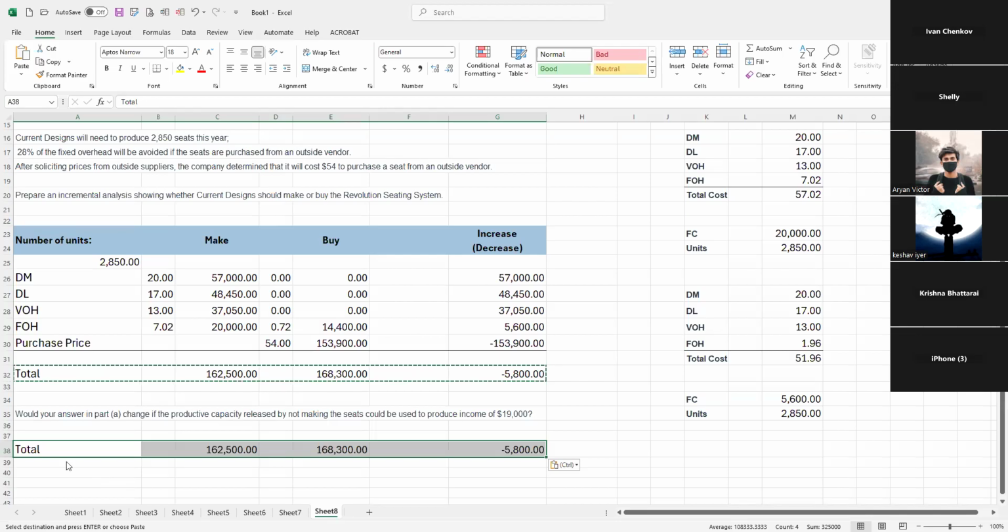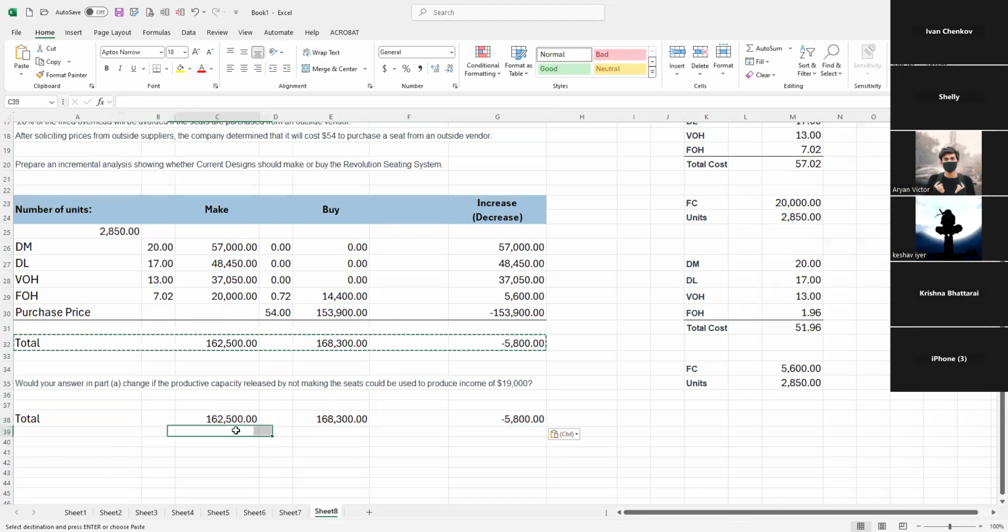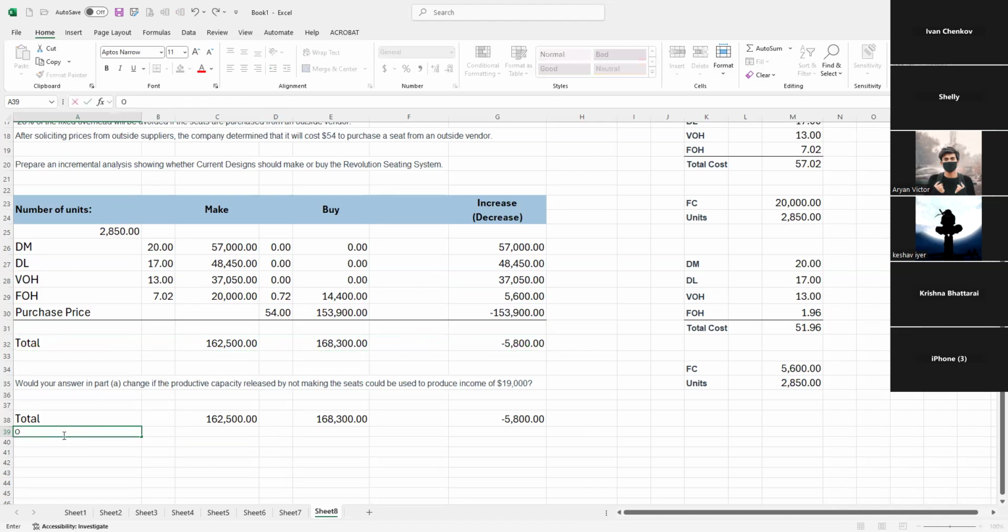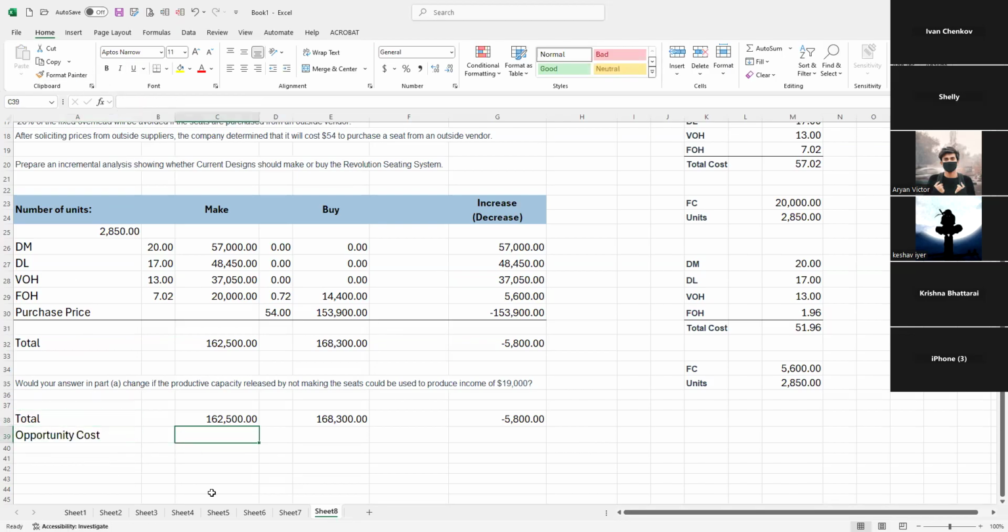Let's do the calculation. But if we make it, yes, we're going to lose the opportunity. That will be our opportunity cost. How much is the opportunity cost here for us? 19,000.